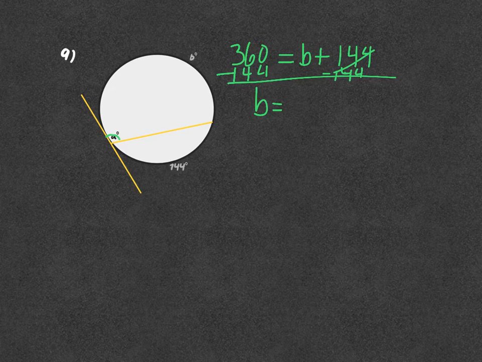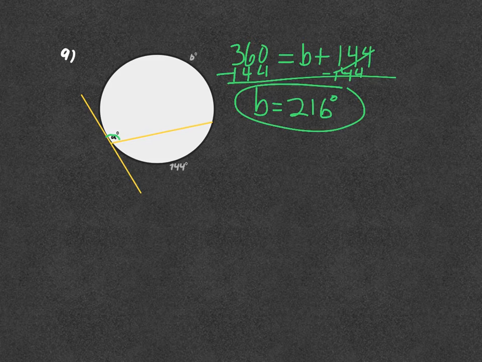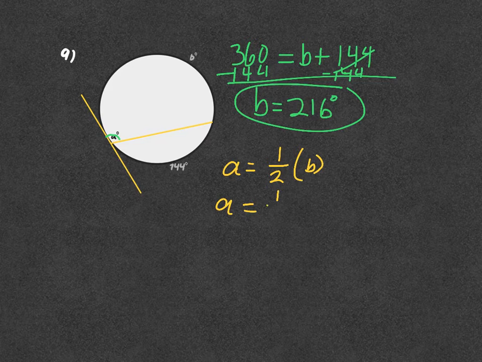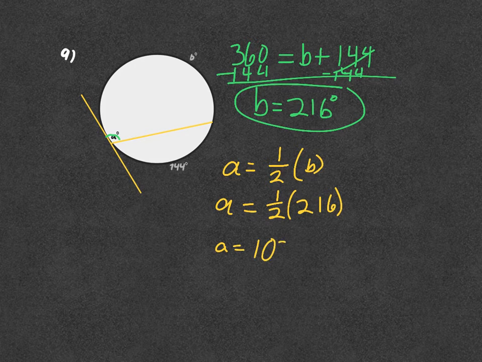So that means b equals 216. Then I can quickly find a, because a is going to be half of the intercepted arc of b. So a equals 1/2 of 216. Half of 216 is 108.